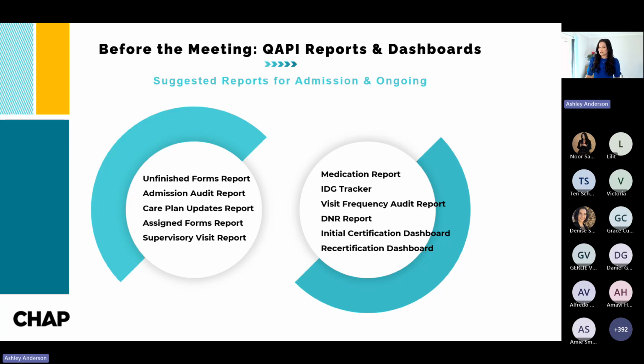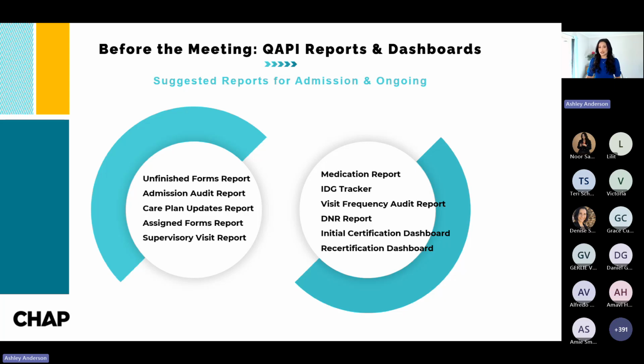In terms of a visit frequency audit report, at IDG, you're likely making adjustments to the frequency in which you're visiting with patients. So if there are any updates or changes to those frequencies, part of IDG is outlining or updating, if the nurse is seeing the patient 2 to 3 times a week, whether they're staying with that same frequency or updating, that should be documented within the IDG update.